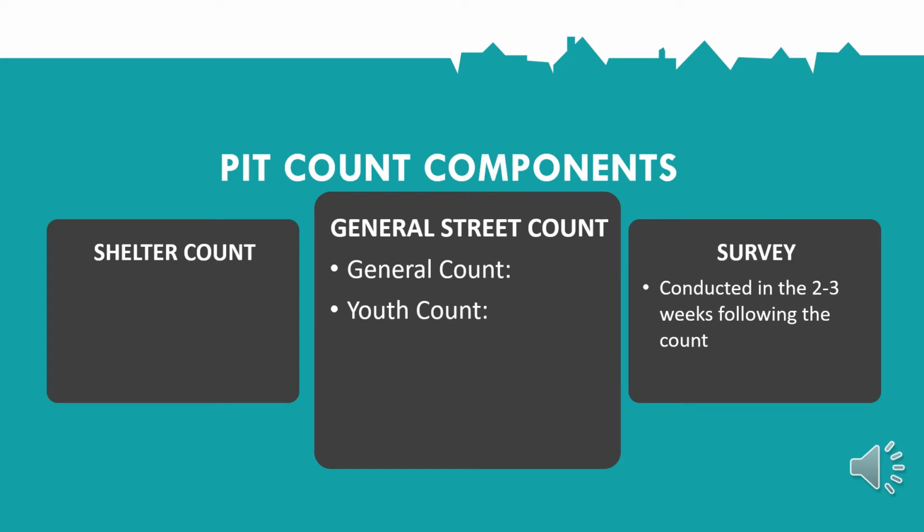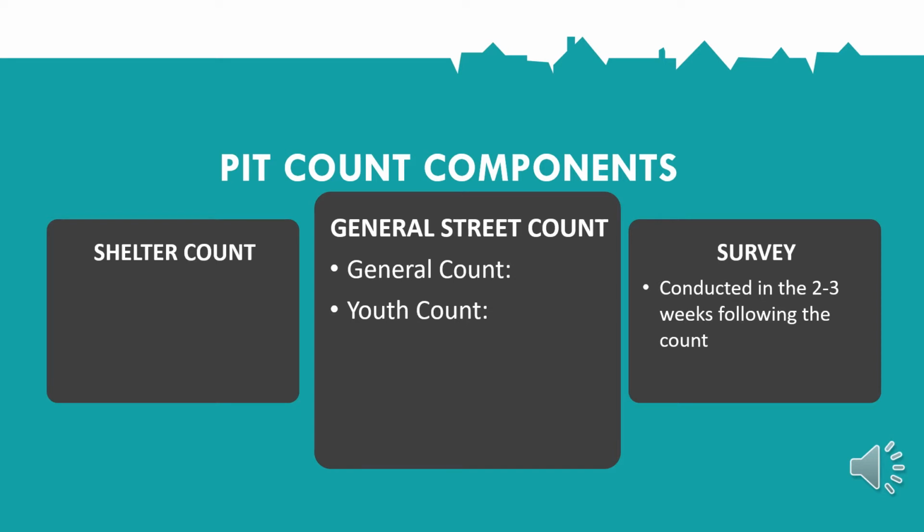We will discuss how your team should prioritize counting locations within your assigned count area, such as shelters, later in this presentation. The other components include the shelter count, the youth count, and the survey. The shelter count collects information on the number of people staying in shelter programs across the county. The youth count focuses on counting unaccompanied young people under the age of 25.